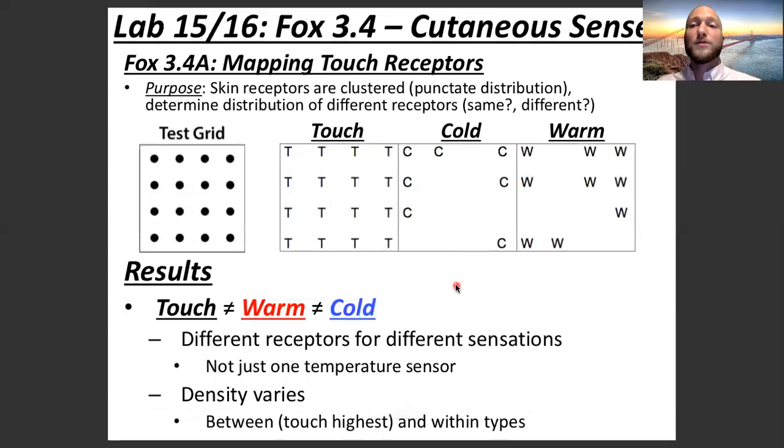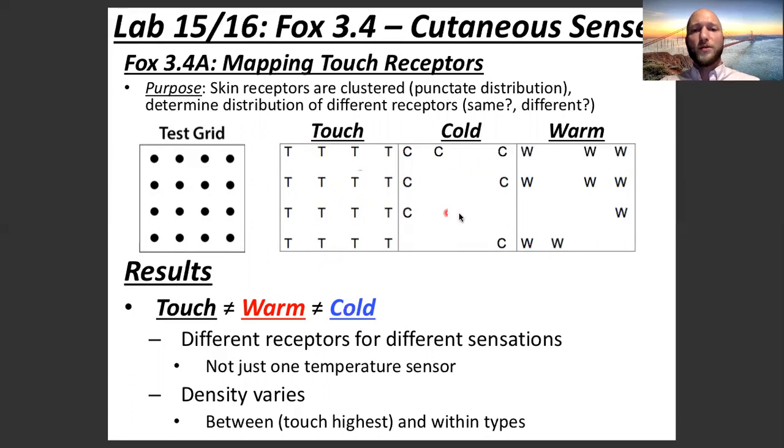So, results. The results for cutaneous sensation are up here. Generally, every student will feel all 16 for touch, or pretty close to it. There might be 1 or 2 that some students miss, but usually pretty much all of them students feel.